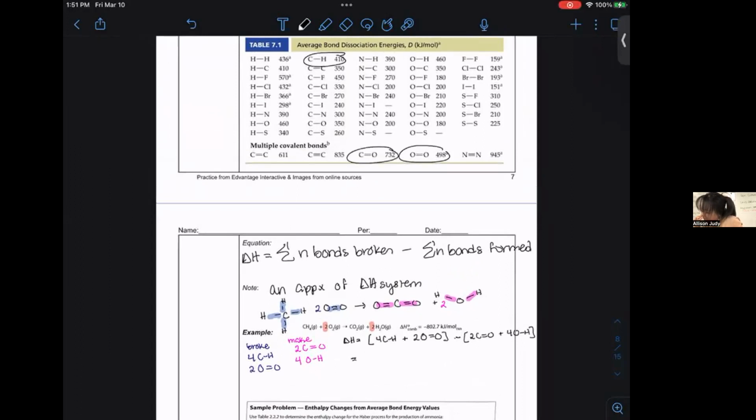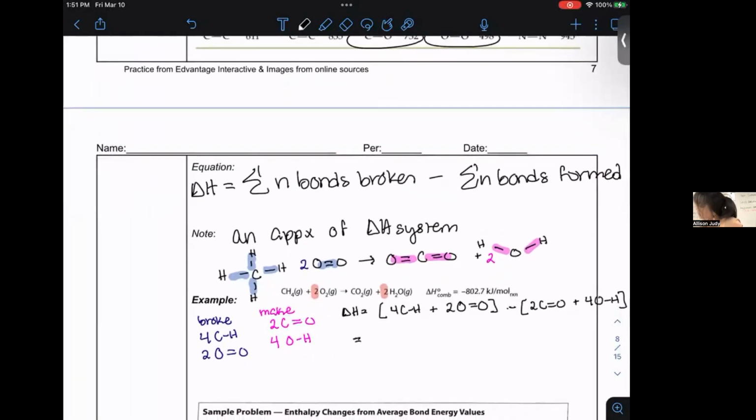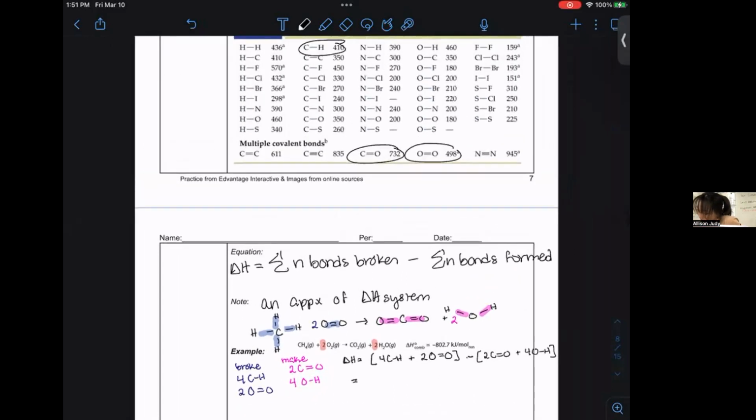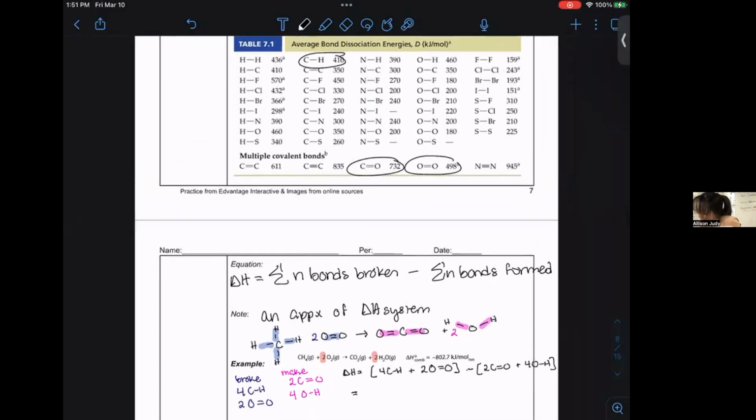Would you be making 4 CO bonds? No, because I only have 1 molar ratio. You only have one CO2. I only have 1 CO2. Oh, yeah. And I'm also making, let's see, 4 OH bonds.